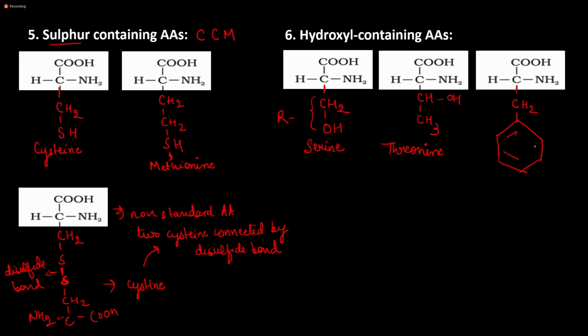So tyrosine comes under both categories, the hydroxyl containing amino acids as well as the aromatic ring containing amino acids, because it has an aromatic ring. So this is the sixth type of the amino acids based on the R group.